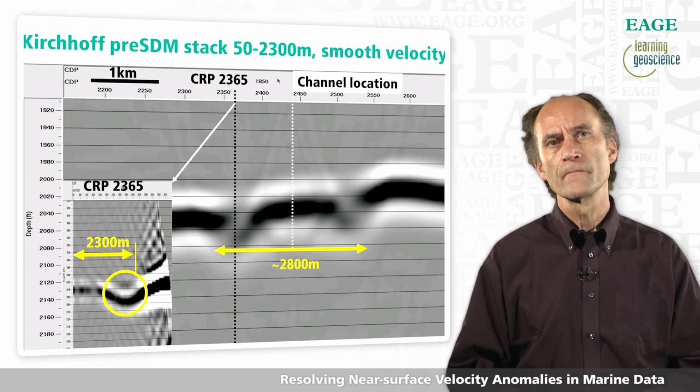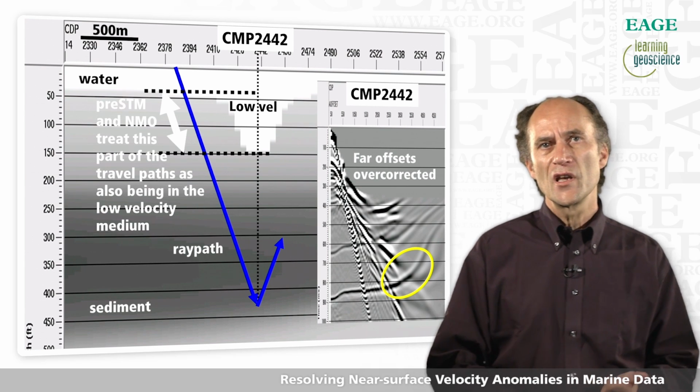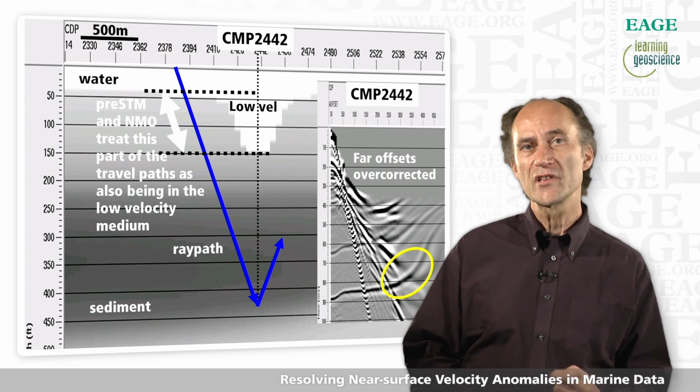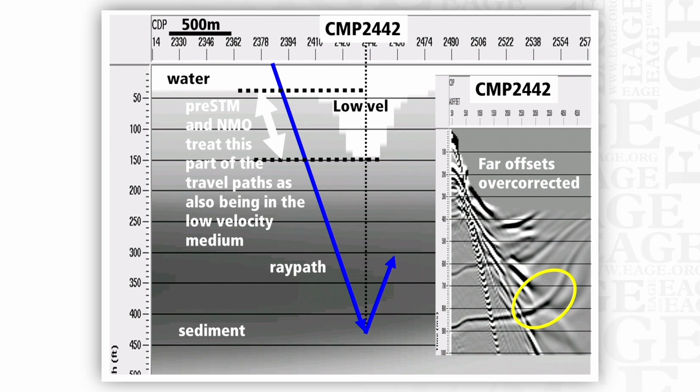A consequence of this is a corollary you can draw from this, in that if you migrate with the correct model, the real depth structure, with a time migration algorithm, you can never get the right answer, simply because a time migration will deal with all ray paths for that CMP centered on the channel with a velocity at that location. And in the real Earth velocity model, we have the low velocity in that position.